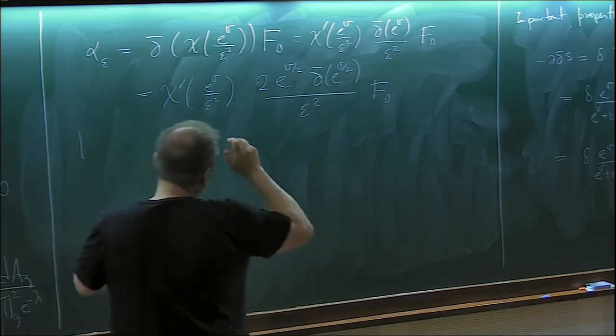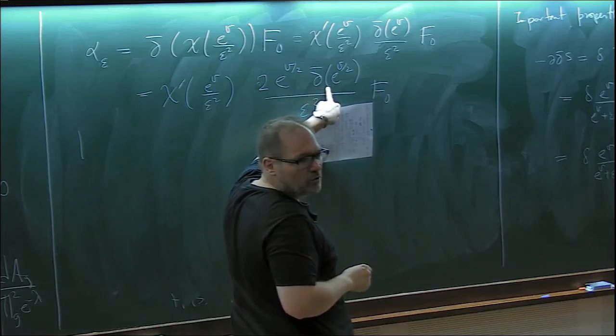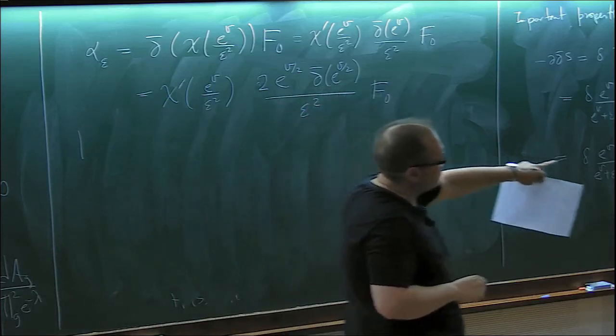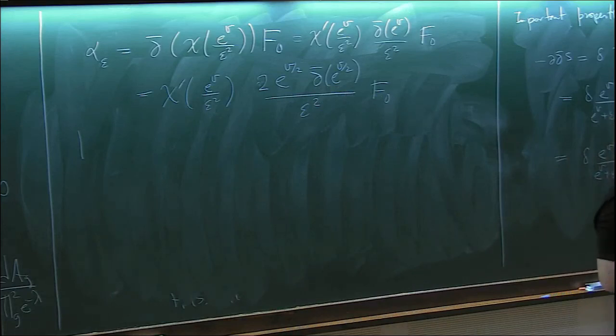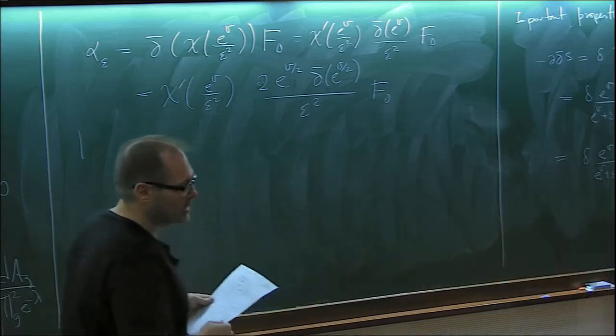Okay. So what does that mean? You can see that this form is just a multiple of this d bar of e to the v over 2, which means that with respect to that theta, it's going to be well defined to invert the theta. So they're going in the same direction.